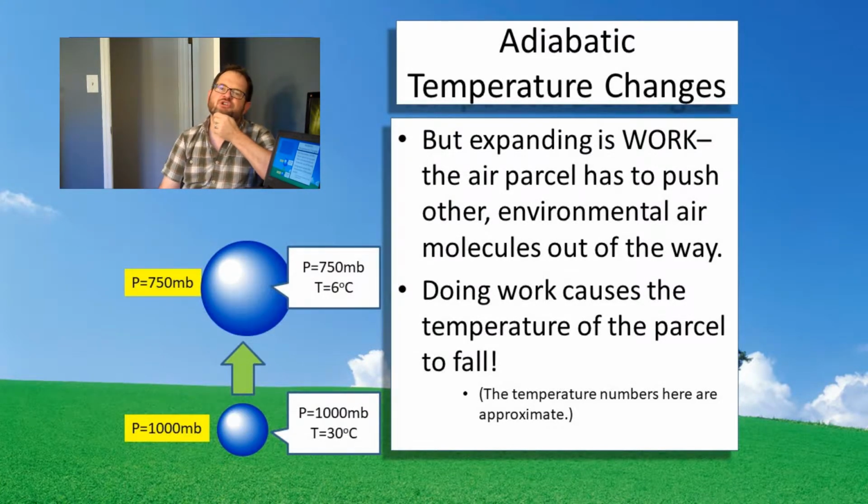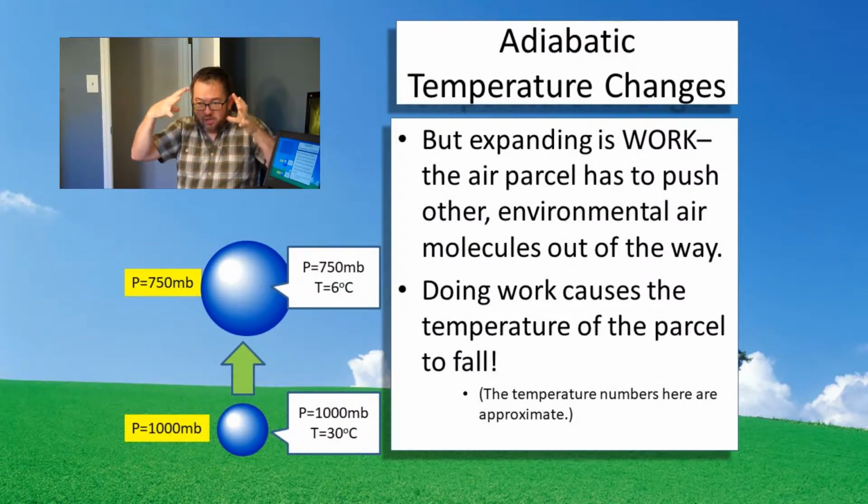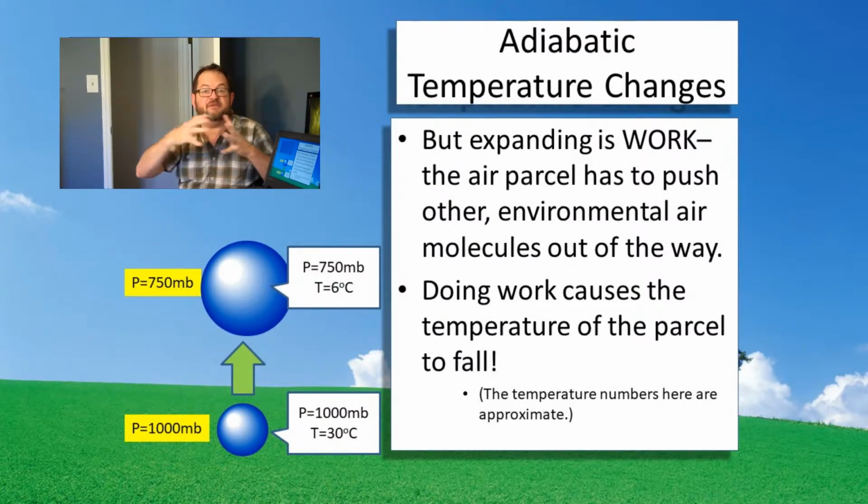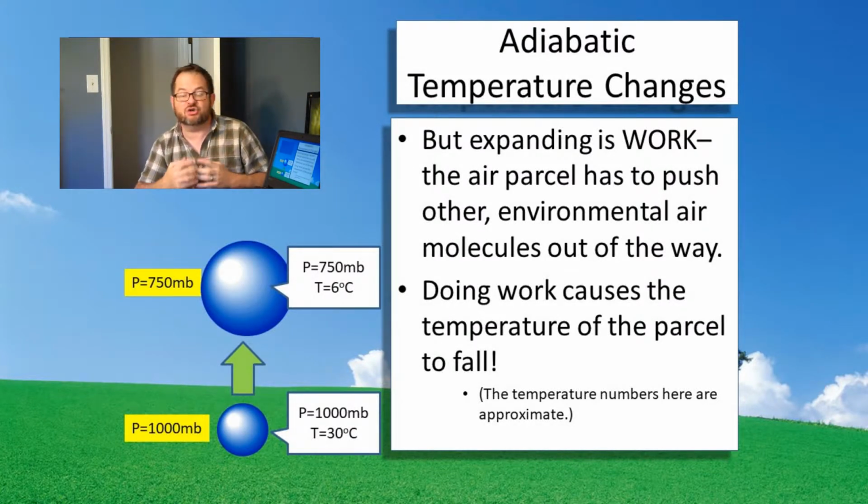That causes the temperature of the air parcel to fall. Some of the energy of those molecules zipping around, remember, temperature is just the energy of the molecules zipping around, the kinetic energy of them moving around, some of that energy is used to do the work of making the air parcel take up more space, of expanding it. Expanding an air parcel will cause the temperature of the air parcel to fall.